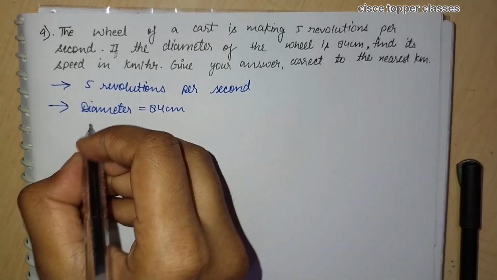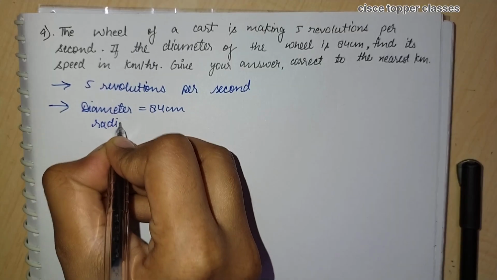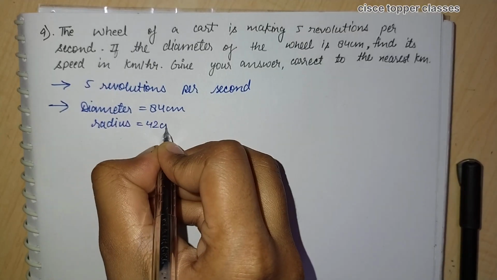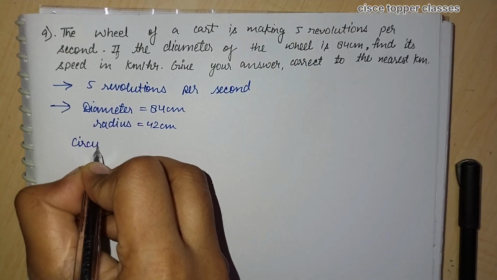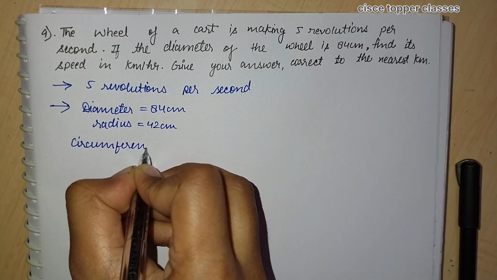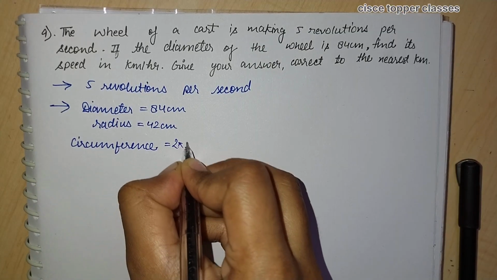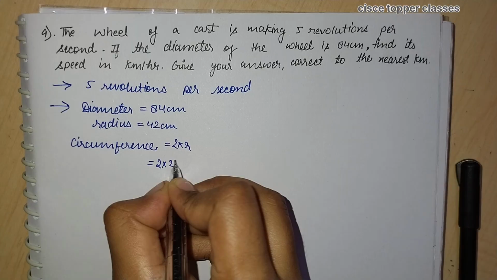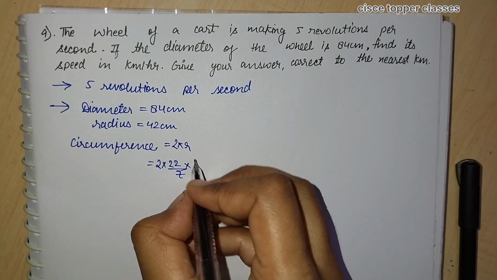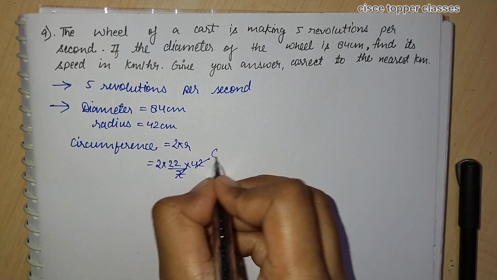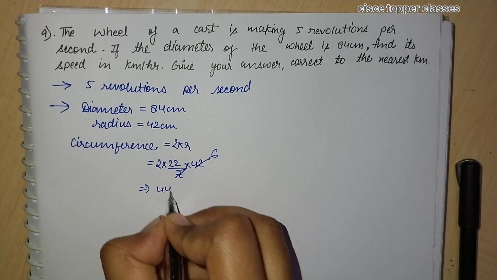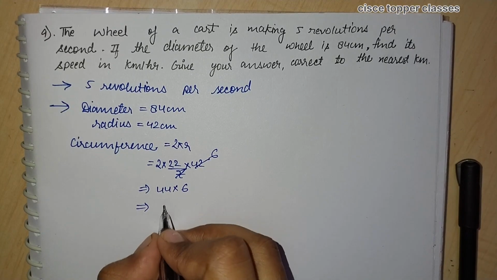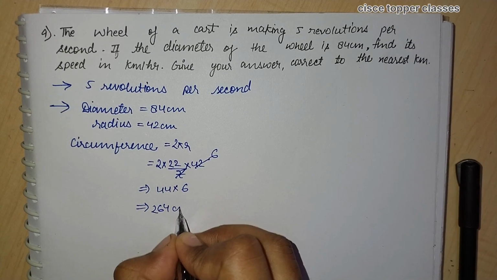Here, if the diameter is 84 centimeter, the radius is equal to 42 centimeter and the circumference is equal to 2 pi r. So we'll put the value 2 into 22 by 7 into radius 42. This will cancel out, and here 44 into 6 gives 264 centimeter.